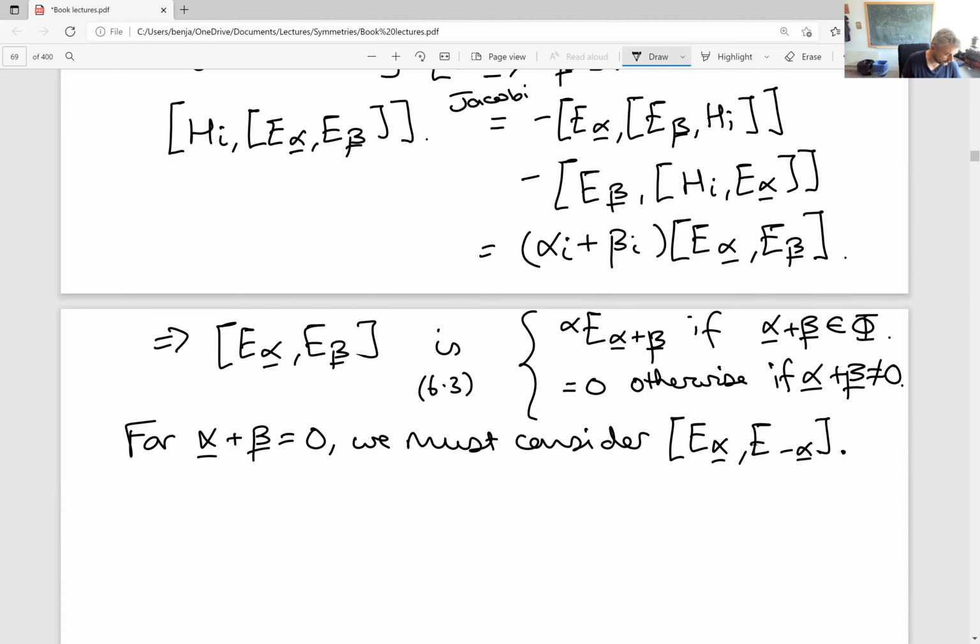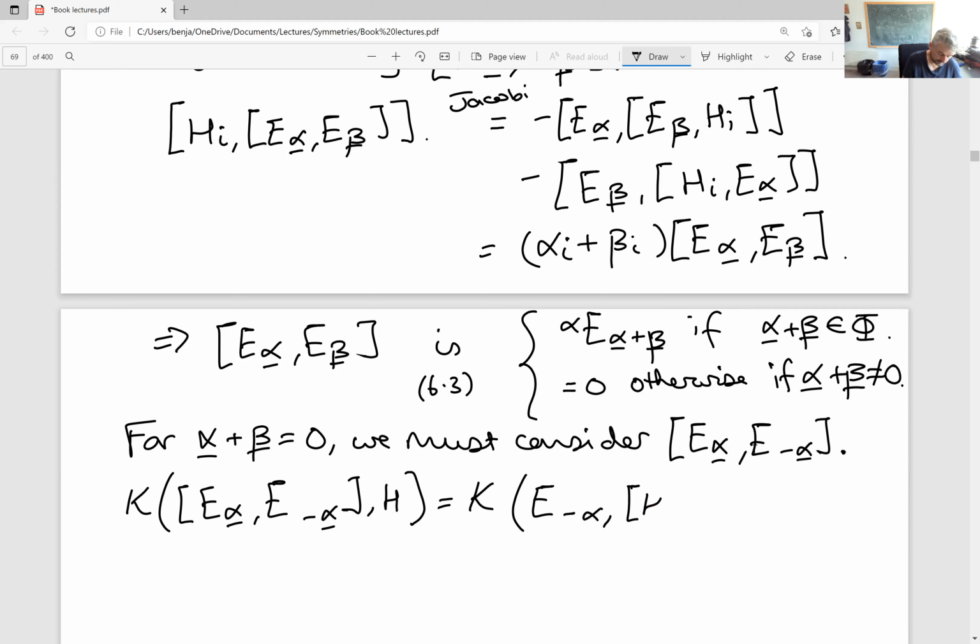So here let's consider the Killing form of [E_alpha, E_minus alpha] with H. Now we use the invariance property to tell us that this is equal to kappa of E_minus alpha and [H, E_alpha], by invariance property of the Killing form.